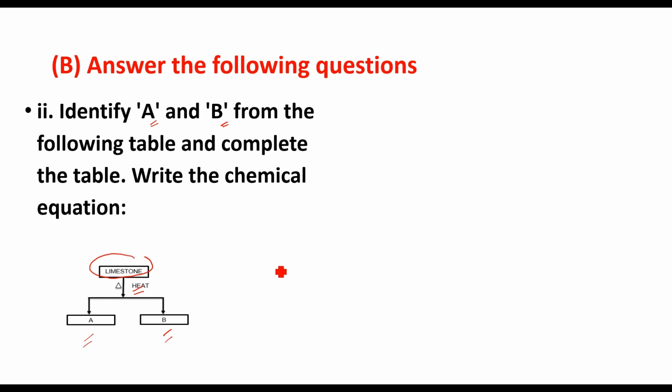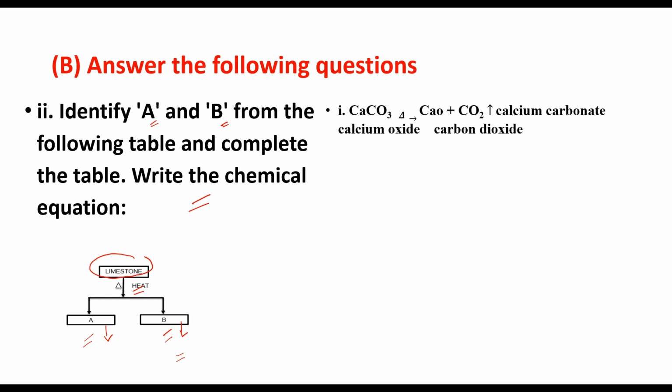So two questions are asked here: what is A, what is B, and you have to write the chemical equation also. Then what will be my answer? First I am writing the chemical equation. Due to some printing error, I am giving the answer of this question like this, so you will copy here.